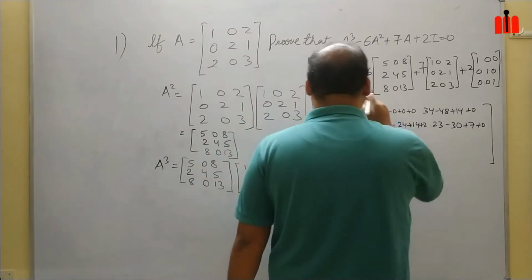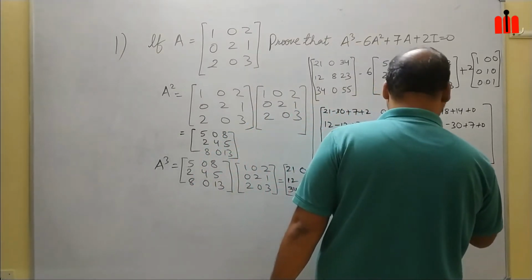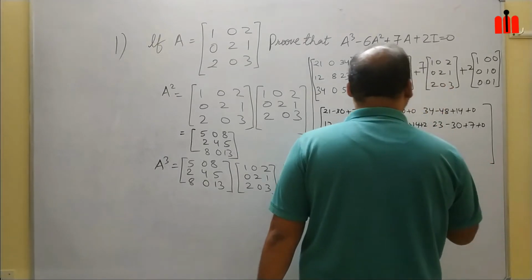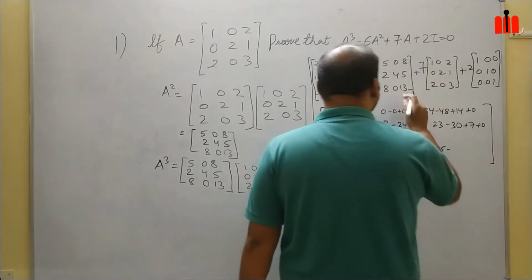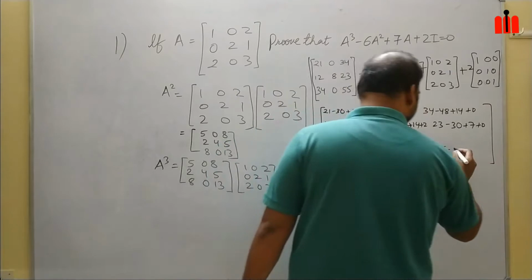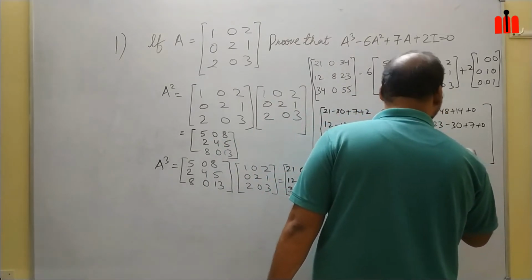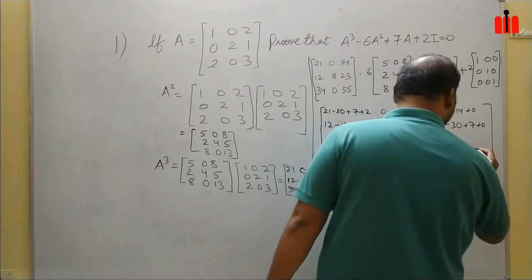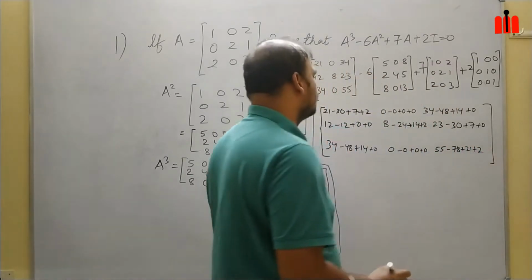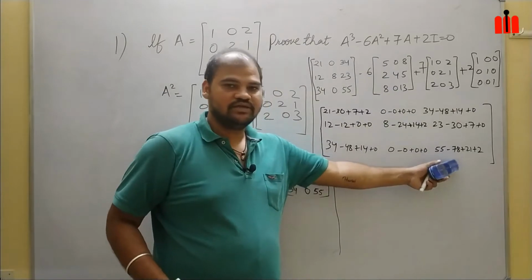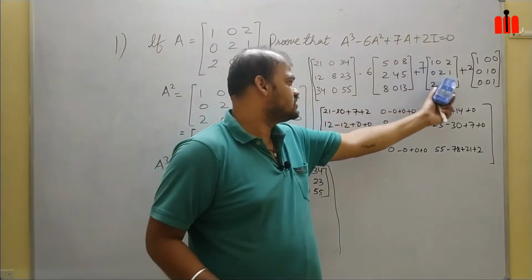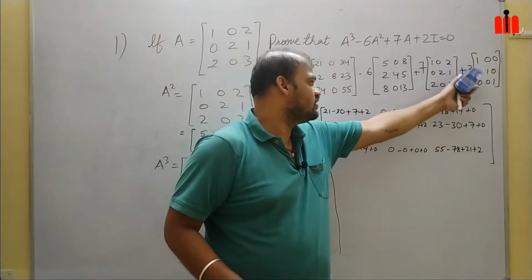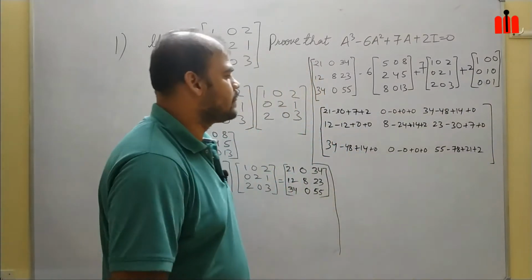Okay, now third element of the third row, 55 minus 78 plus 21 plus 2. Okay, here 13 6 is 78, so it is minus 78, 7 3 is 21, 2 1 is 2.